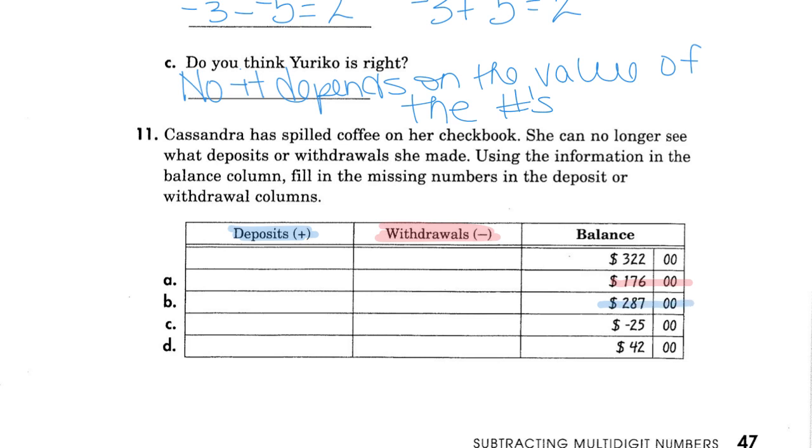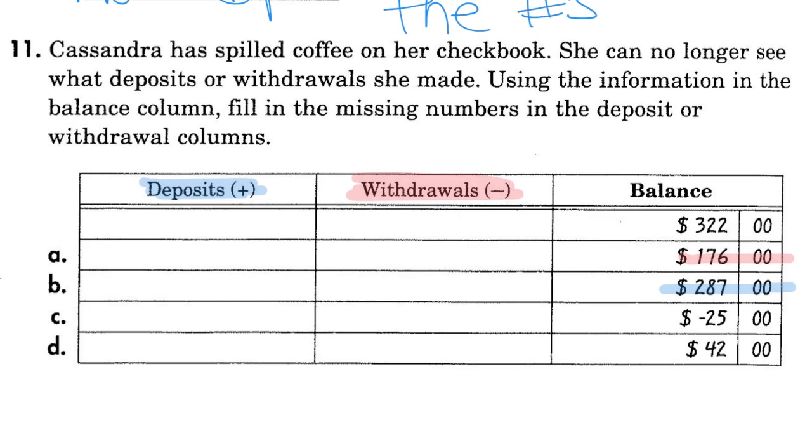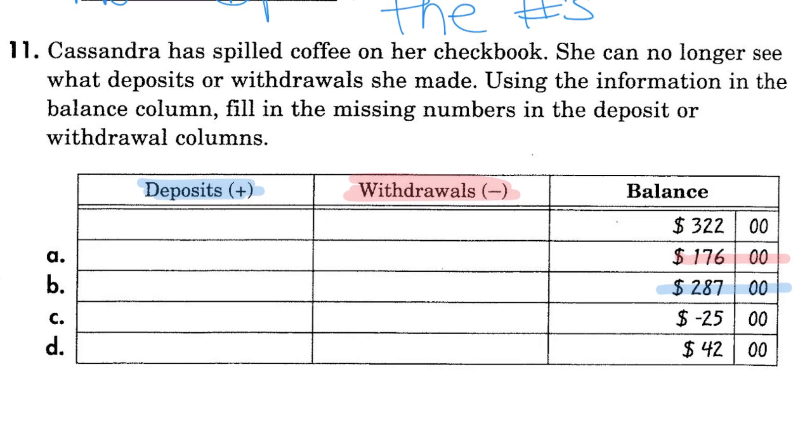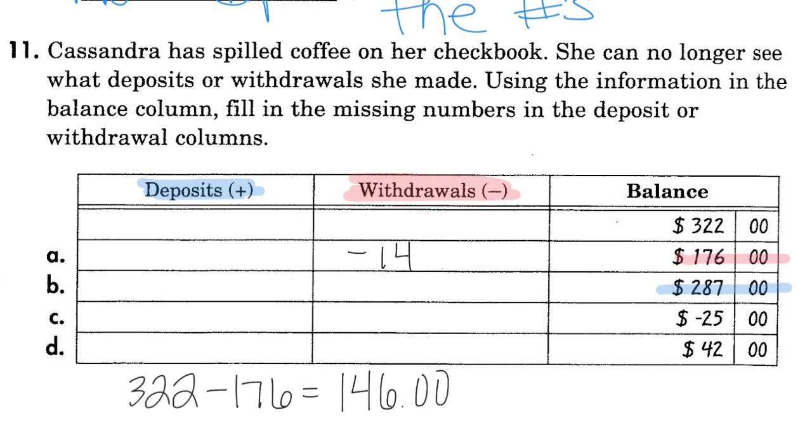So what you are going to do is you're going to come in and you're going to write how I get from 322 to 176. It's a withdrawal, but I don't know how much. So you got to think it's like saying 176 minus 322. And when I do that, I get negative 146.